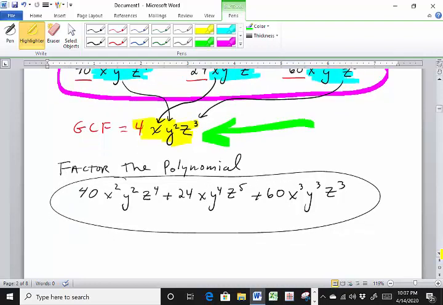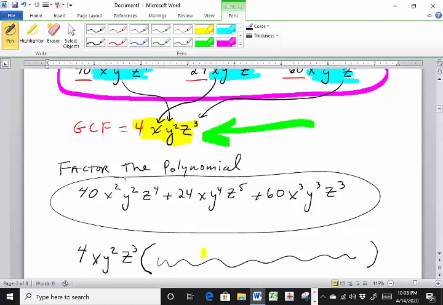So what you do to factor this is you take out the greatest common factor, which is 4xy squared z cubed. Then you're going to say, okay, multiplied by what to give me the same thing back. So in other words, whatever I find in here multiplied by this greatest common factor better equal the original problem, which is right here.